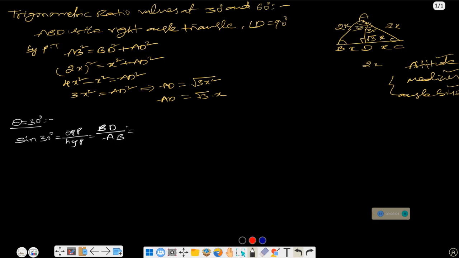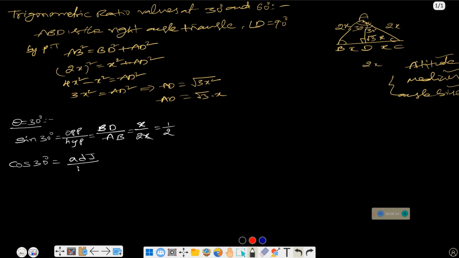That is equal to, what is the length of BD here? x, by AB, which is 2x. So x cancels, and how much do you get here? 1 by 2. So what is the sin 30 value here? 1 by 2. Is it clear? Similarly, find out cos 30 value. What is the cos formula?